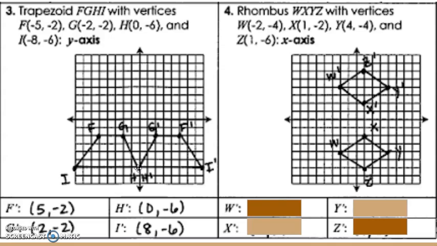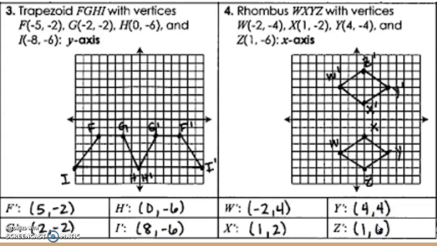I didn't have to do a distance. 4, we're going over our x-axis and counting again, so I'm going to show you those points. So going over the x and the y-axis is the most basic form of our reflection.